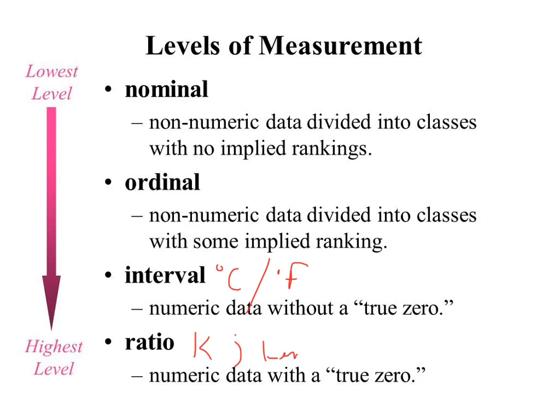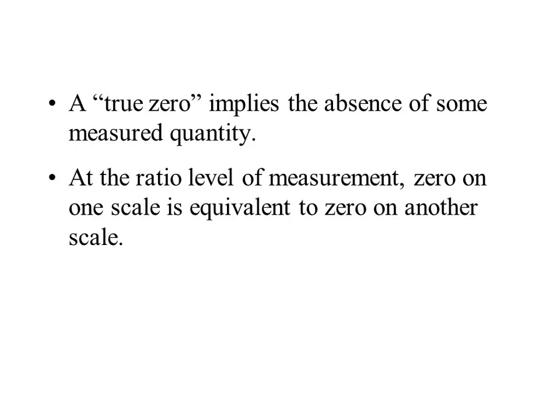I put length and also mass. So a true 0 in the ratio level, not the interval level, really means something. What means anything anymore? The older you get, the more reflective you get.